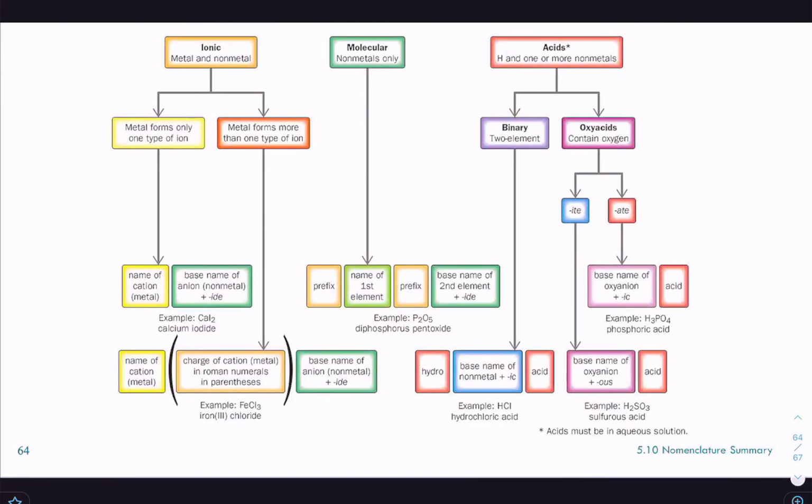This is the best chart for naming. And for things like this, when I tried to memorize them, I would just try and redraw and fill in all the boxes from memory on a separate sheet of paper and then check it. And obviously, the first time you do that, it's going to be difficult.